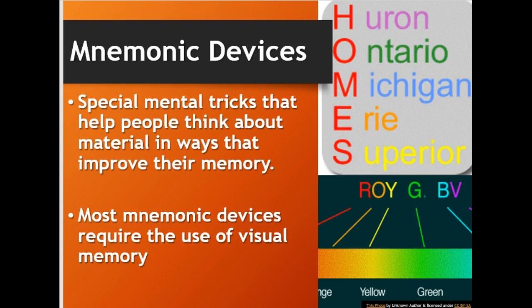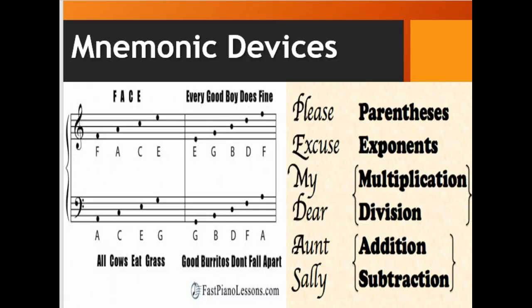Then we have one final familiar mnemonic for those of you who may be musicians, who learn to play instruments, read music, play piano. They help you learn the notes on the grand staff. For the treble, you learn FACE for the spaces.